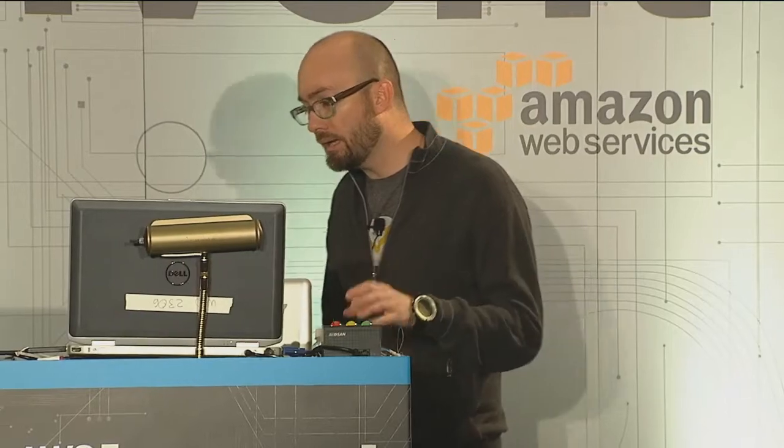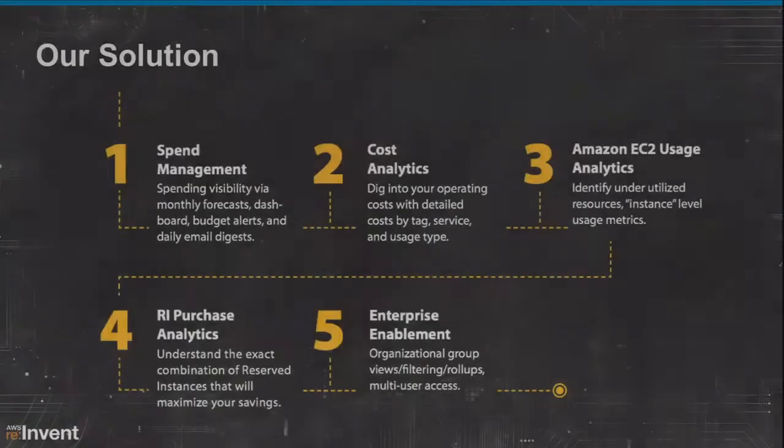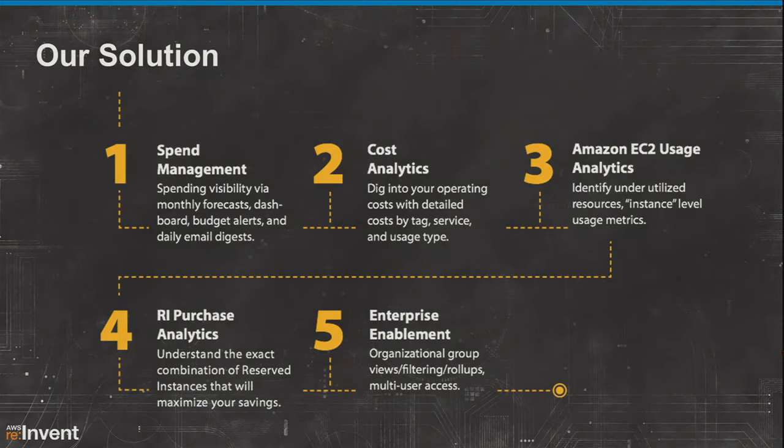Our application has 5 major feature areas. To begin, we do spend management. We help organizations get visibility into monthly spending, budget alerts, and daily emails. You can dig deeper by using our cost analytics, which a lot of organizations use to do cost allocation and chargeback by using features like cost by tag, looking at service type, things of that sort.